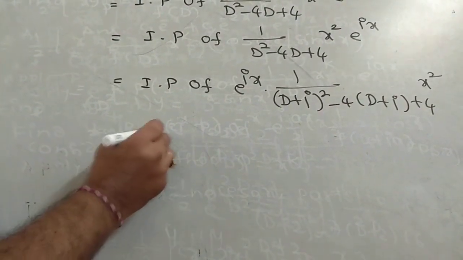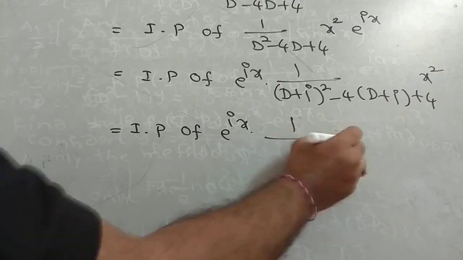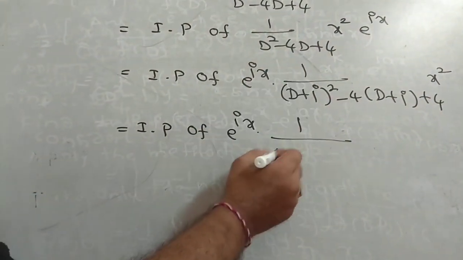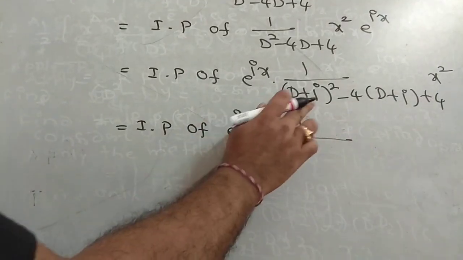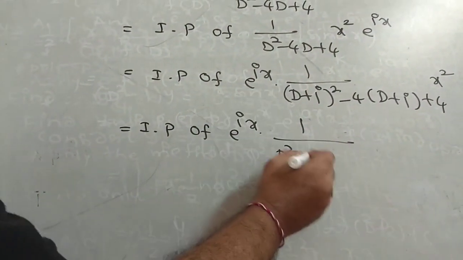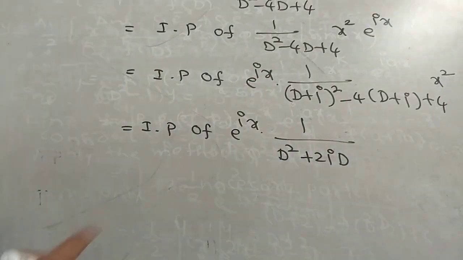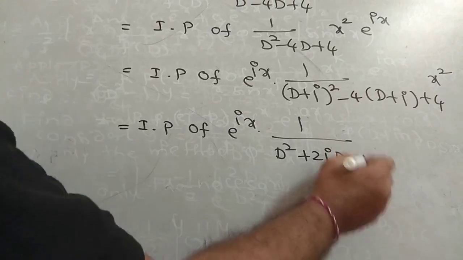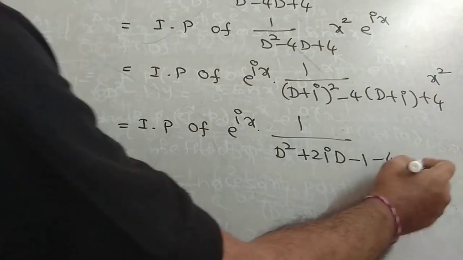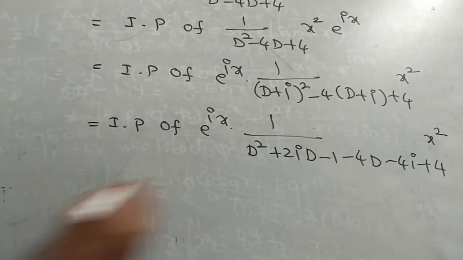It is equal to the imaginary part of e power ix, 1 divided by, D square, plus 2iD, plus i square means minus 1, so minus 1, minus 4D, then the next is minus 4i plus 4, of x square.